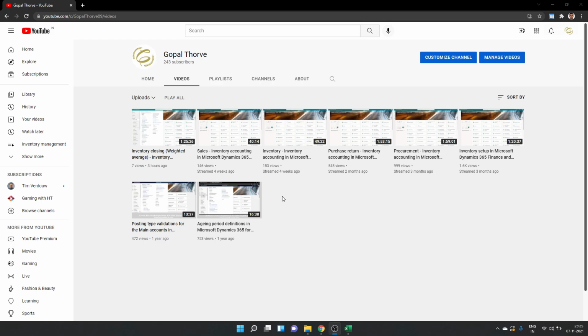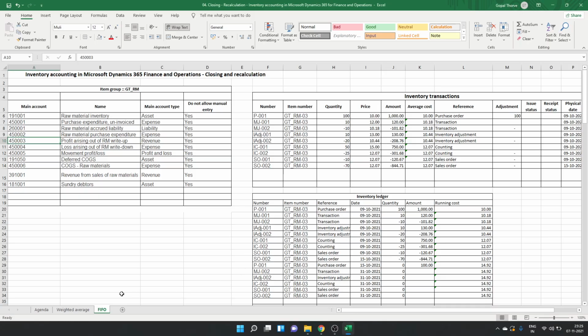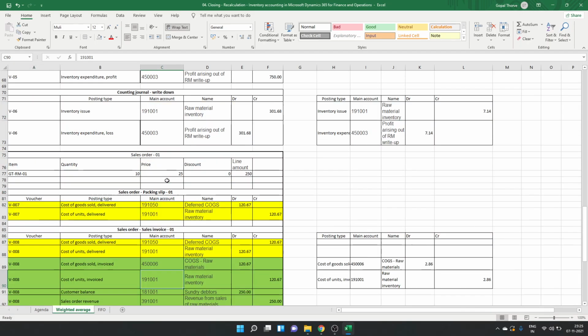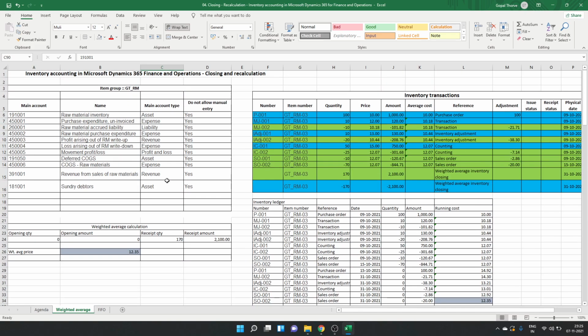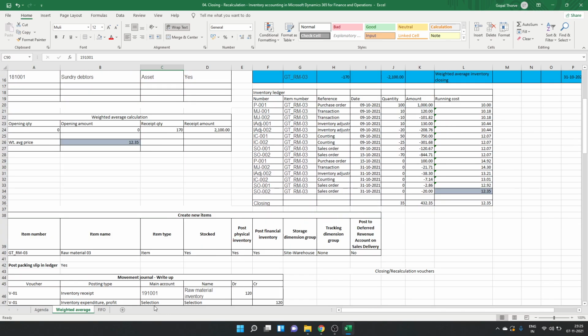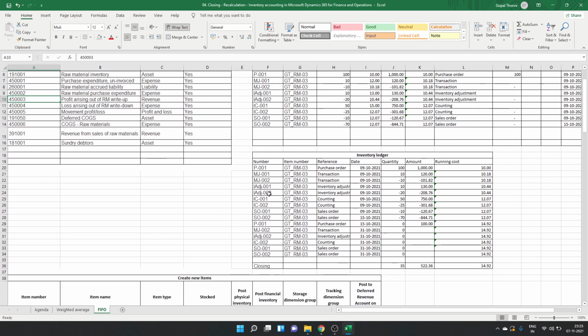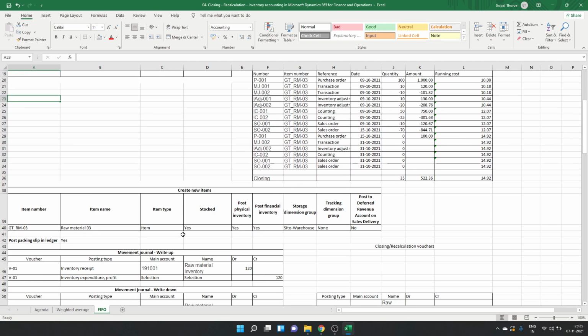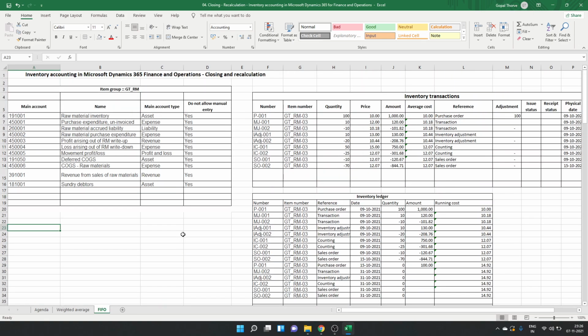So let's get started. As we discussed in our last video, this is the weighted average related transactions. I have simply copied this into another sheet and removed the weighted average related workings from this sheet.